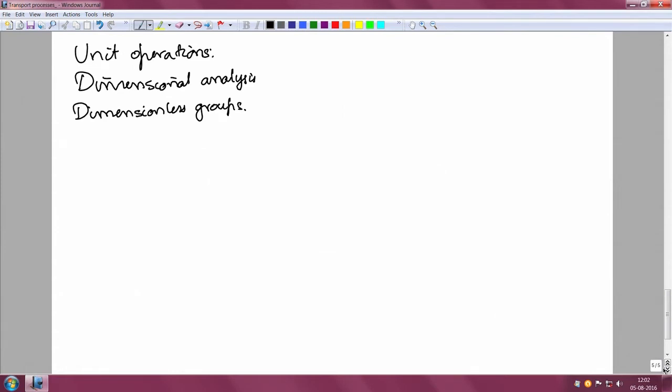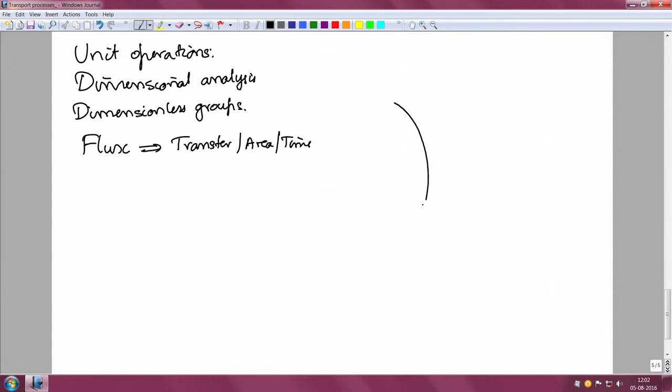So, the dimensionless groups, for example, for heat transfer are usually defined as dimensionless fluxes. A flux is basically a transfer per unit area per unit time across a surface.